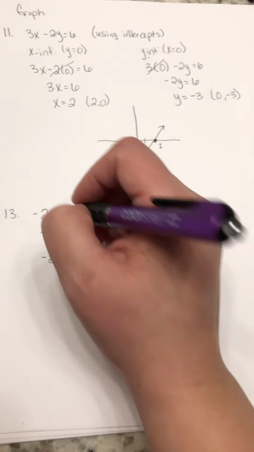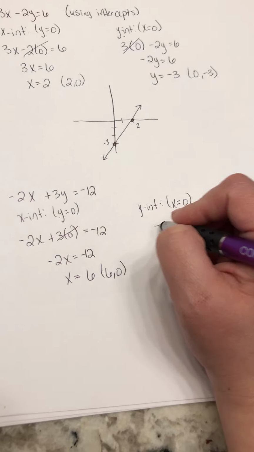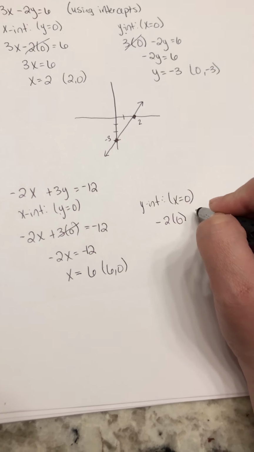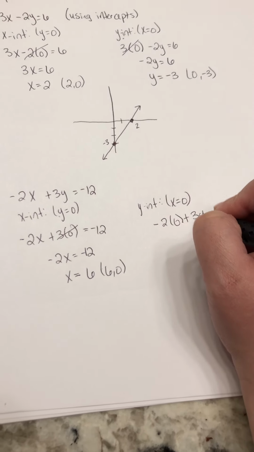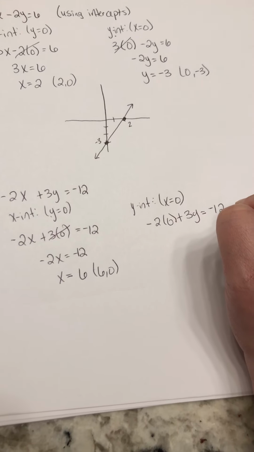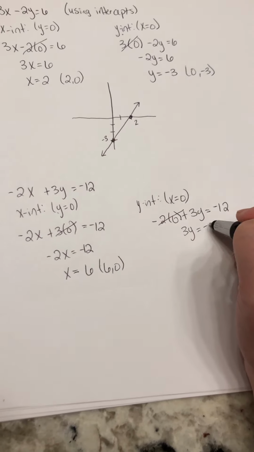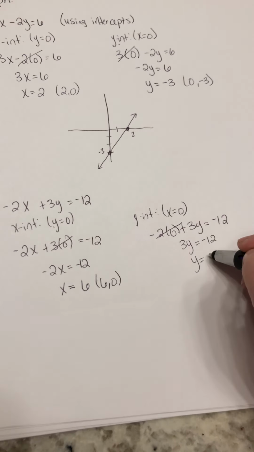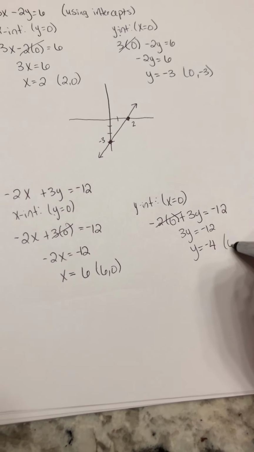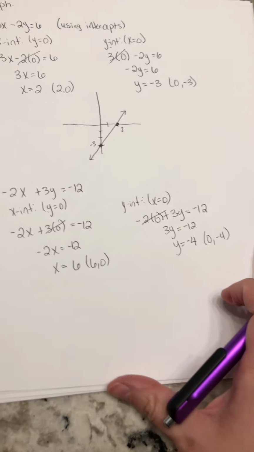My y-intercept, I plug a 0 in for x, so I have negative 2 times 0 plus 3y equals negative 12. So again, this is gone, so 3y equals negative 12, so y, I divide by 3, is negative 4, so I have the point (0, negative 4).